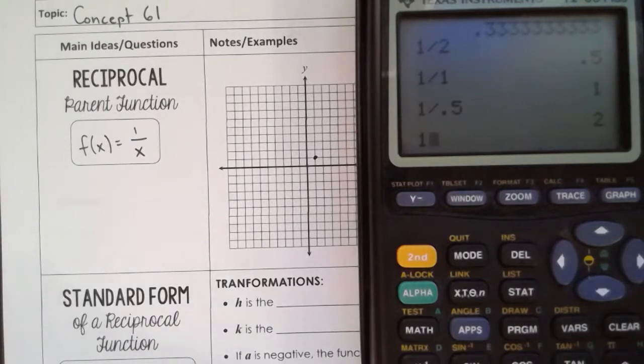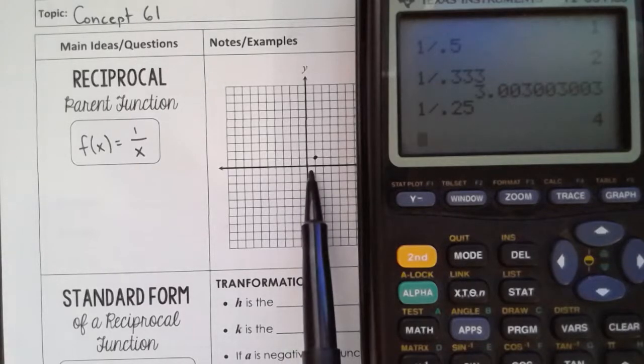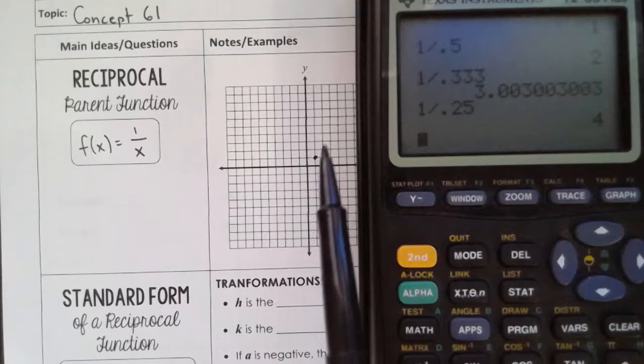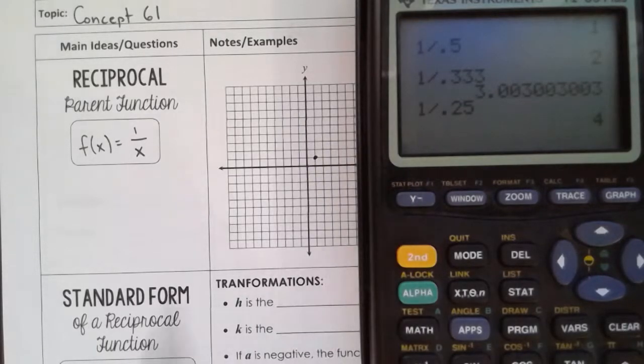If I take a third, 0.333, now it's 3.0 and so on. It got bigger. Now if I take a fourth, 1 divided by 0.25, f of x is equal to 4, so it's going to keep getting bigger. The closer and closer you get to 0, the smaller the decimal that you plug in, f of x is going to keep going up. It's going to keep increasing.